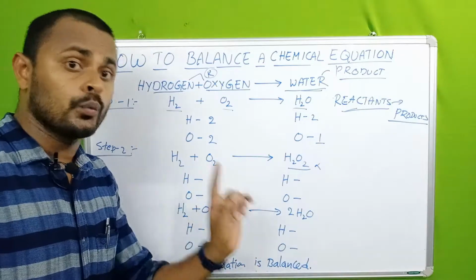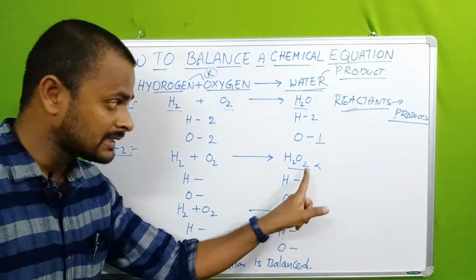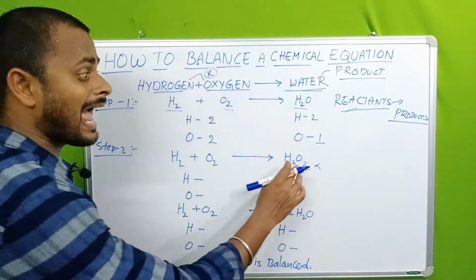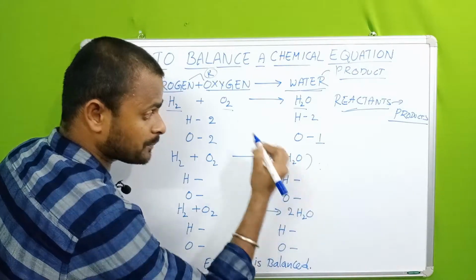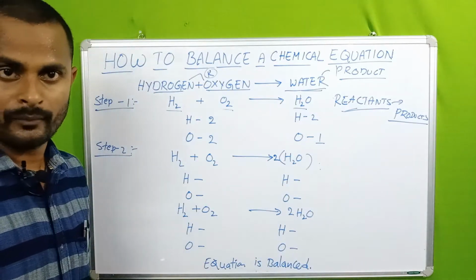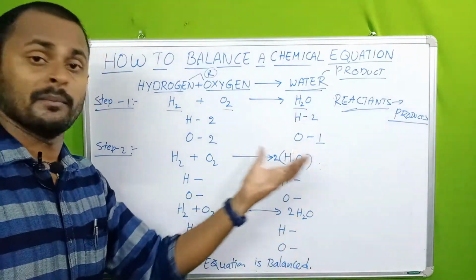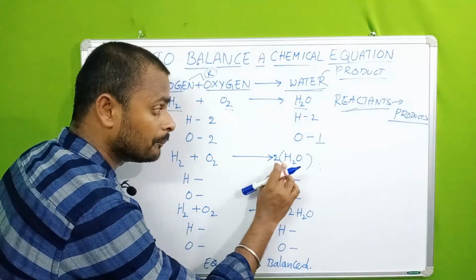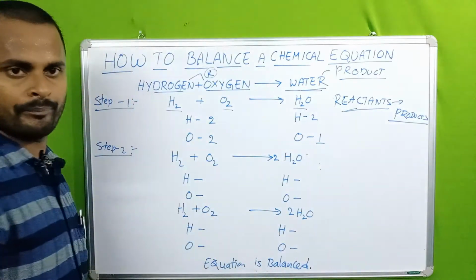So you don't insert a number in the suffix place. While balancing the equation, if you add a number, definitely it is in the prefix position of the compound. Don't change the subscripts. You give the number before the compound, like here 2H2O.